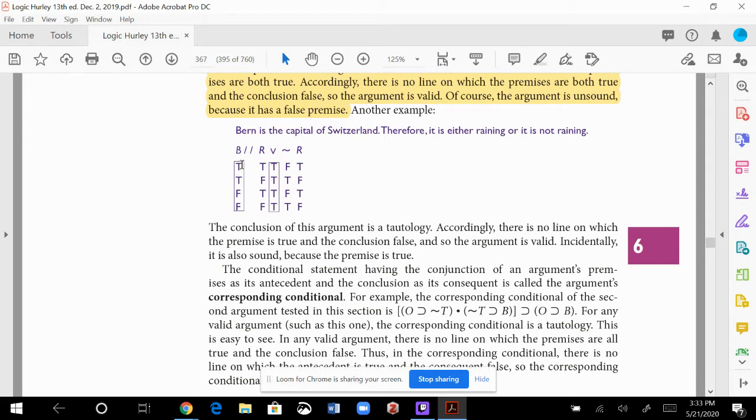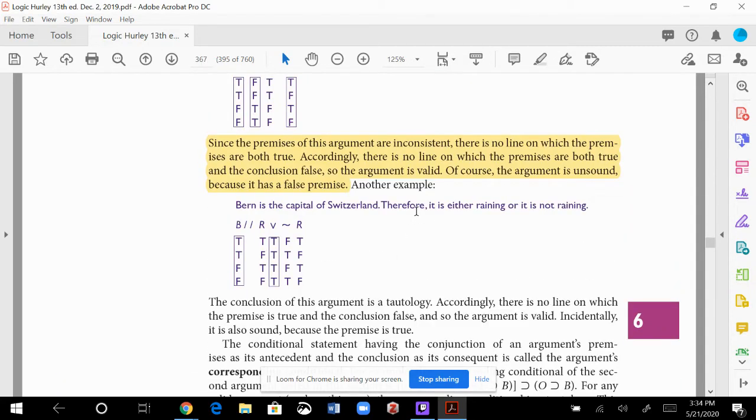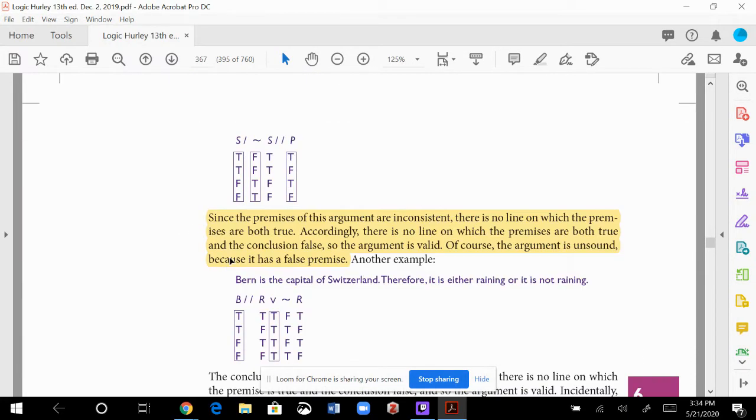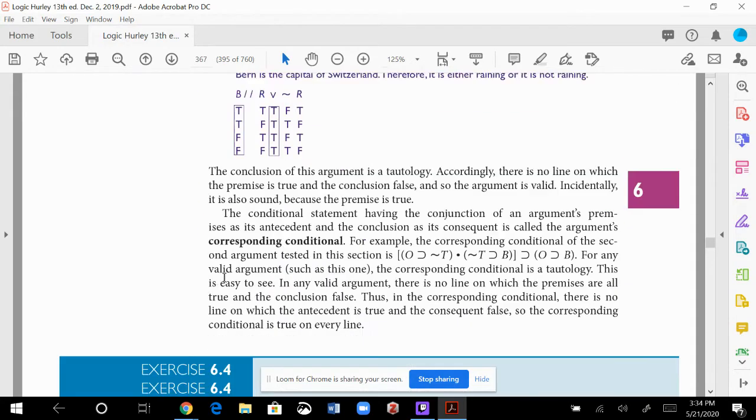Let me look here. Yeah, anyways, just to simplify this for you, these two arguments might be valid, but nobody talks like this. And he's just showing you, look, the structure's right, and I'll leave it at that.